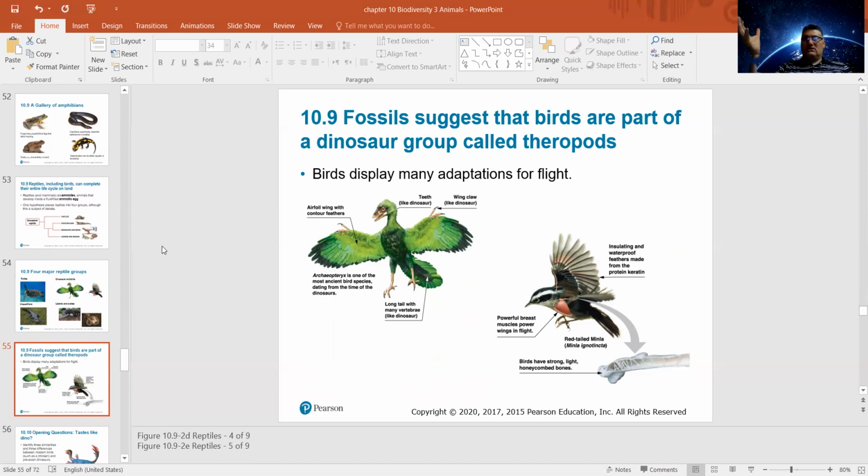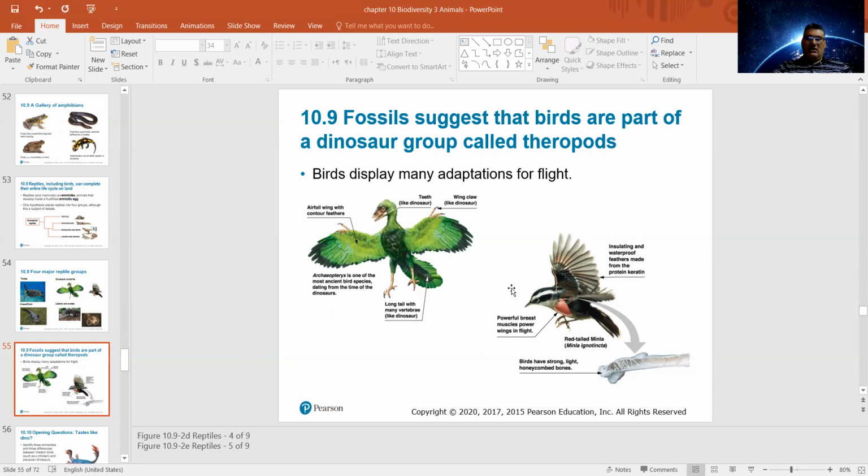They found some fossils that indicate that the birds were actually dinosaurs coming from a group of dinosaurs called theropods. This type looks like it's coming from dinosaurs until it becomes the actual birds. But the birds can fly easily because they have more adaptations than the dinosaurs. The fossils suggested that the birds came from this type of dinosaur called theropods.